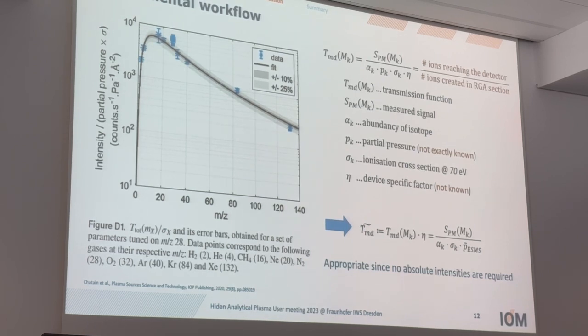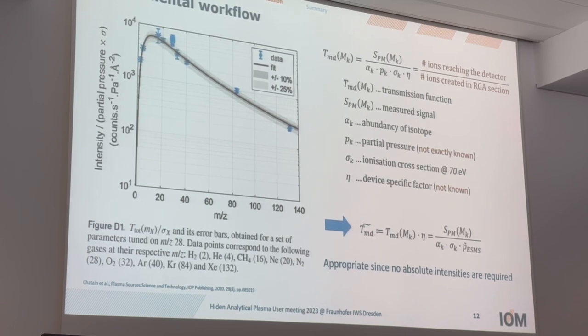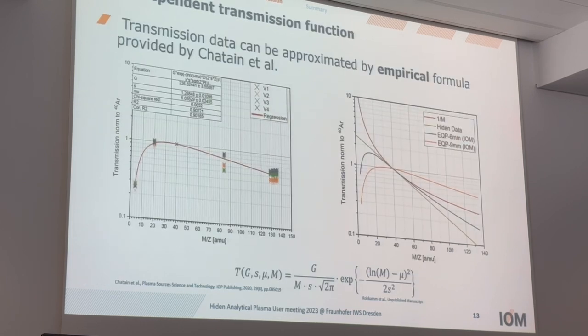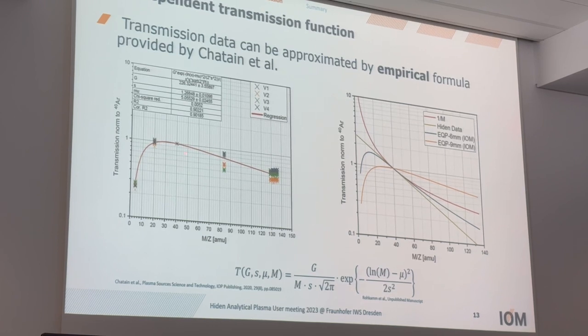And when you apply that to the formula, you get a transmission function for your ESMS, dependent on the mass of the different ions you are creating. These are the data I want to show you now. We have done that for our EQP6 and our EQP9 system. What you see is the curve already shown by other authors: you have a maximum at approximately 20 to 40 AMU, and a decrease of your transmission for higher masses and also for lower masses.